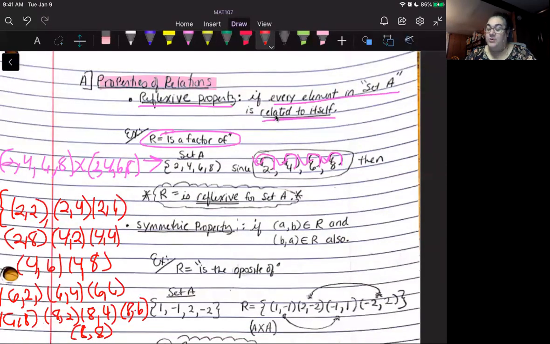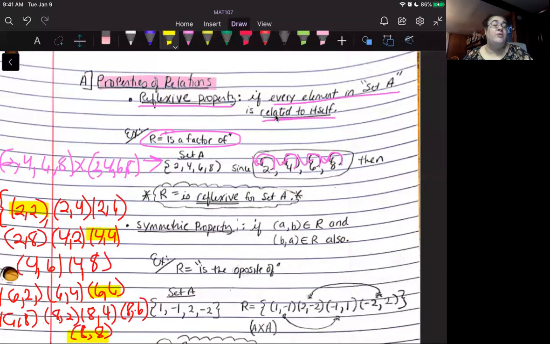And as you can see, in that cross product, if we're looking for the property, is it reflexive? It sure is, because in that cross product, we have 2, 2. We have 4, 4. We have 6, 6. We have 8, 8.